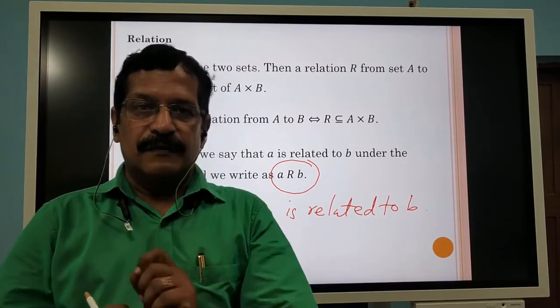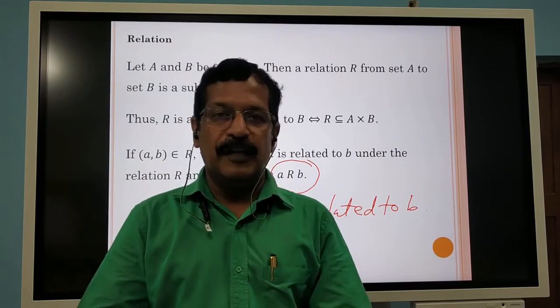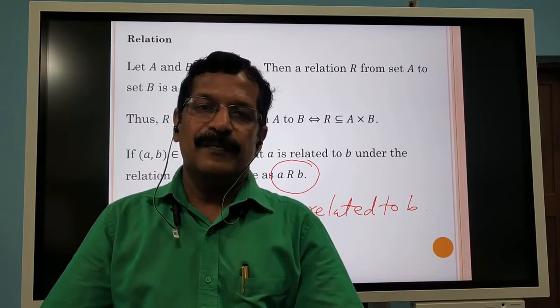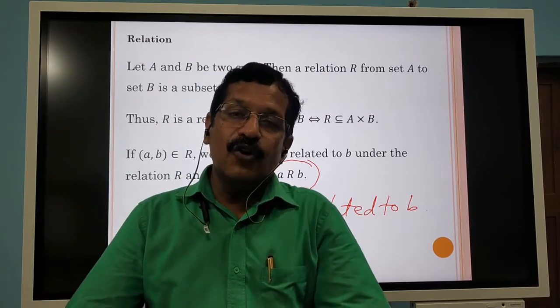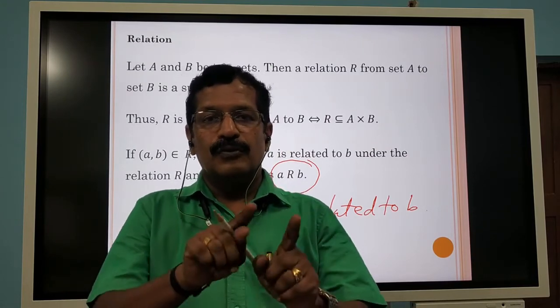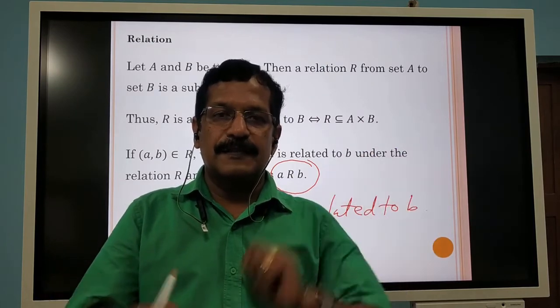Another question: suppose A is a finite set containing m elements and B is a finite set containing n elements. Then how many relations are possible from A to B? You just connect it with our 11th class power set.